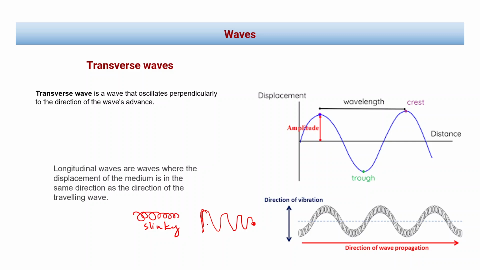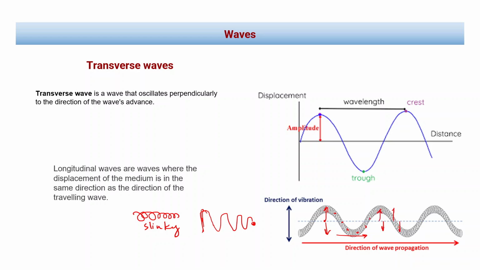This is called a transverse wave because the particle here is going up and after some time it will come down, but the wave is moving towards the right. The direction of the wave is towards the right, but at every point on this slinky, its motion is only up and down.